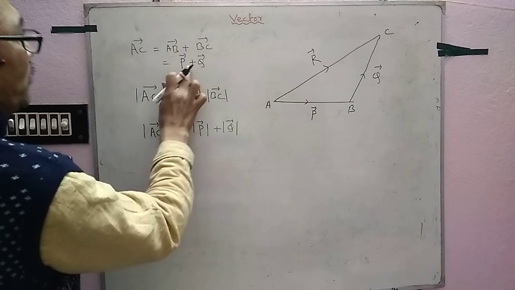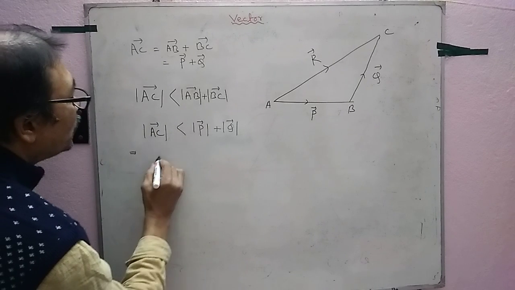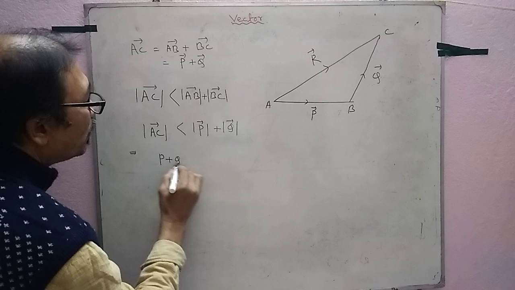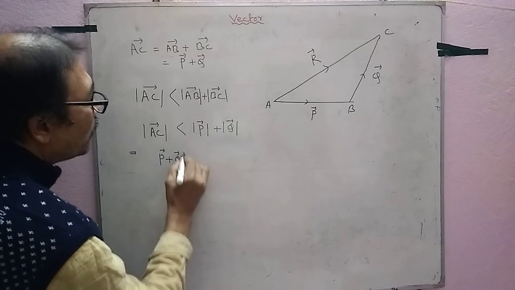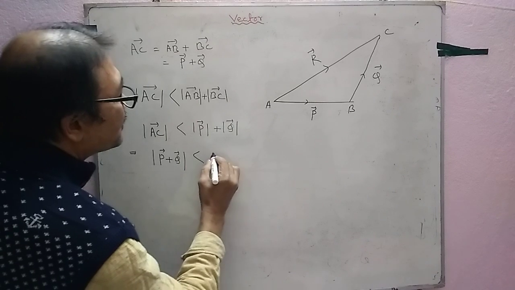But AC equals P plus Q. This is the mod. So from here we get mod of P plus Q.